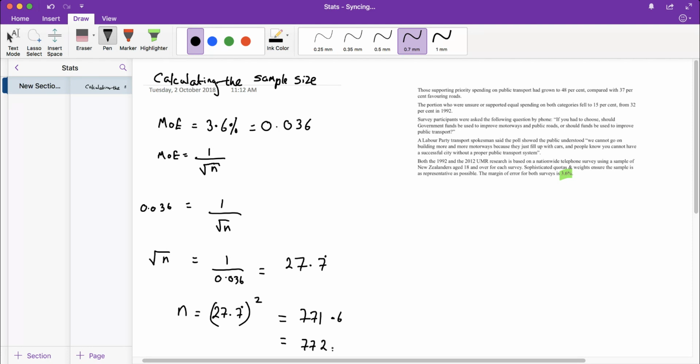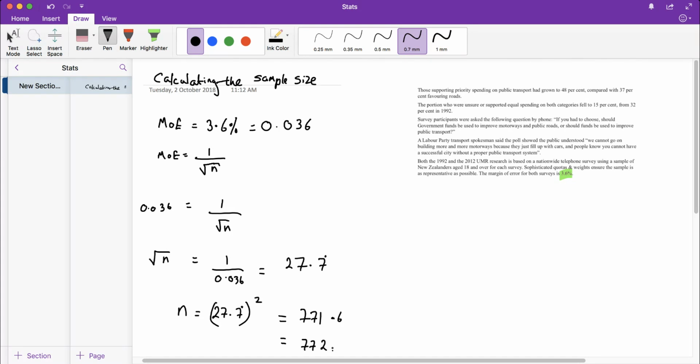But at some point I would want to double check that square rooting 772 is going to give me the right percentage. So I would double check that, and I get that 1 divided by the square root of 772 is 3.599%, which fits with my 3.6%.